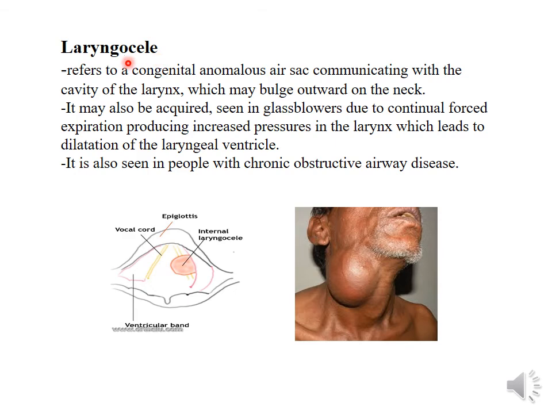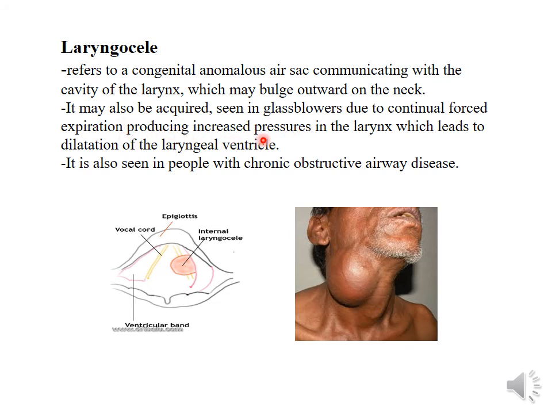The laryngocele refers to a congenital anomalous air sac communicating with the cavity of the larynx, which may bulge outward on the neck, as you can see in this figure. It could be acquired, not congenital, seen in glass blowers due to the continual forced expiration produced.